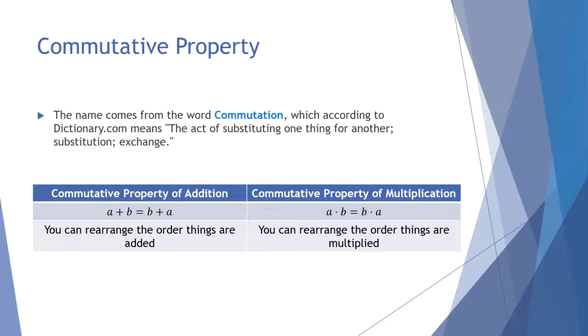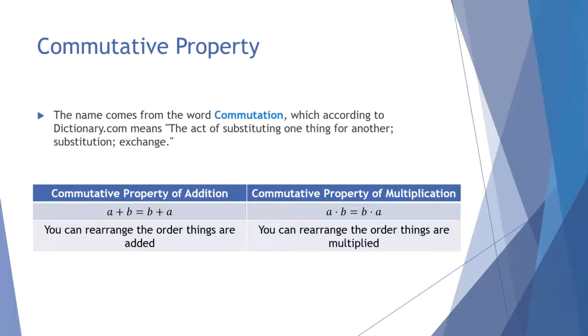With addition, if you have A plus B, you can flip-flop those and write them as B plus A. So you can rearrange the order that things are added. That's where that word commutation comes in, because they're exchanging which one is in which place. The commutative property of multiplication does the same thing, but you're multiplying.